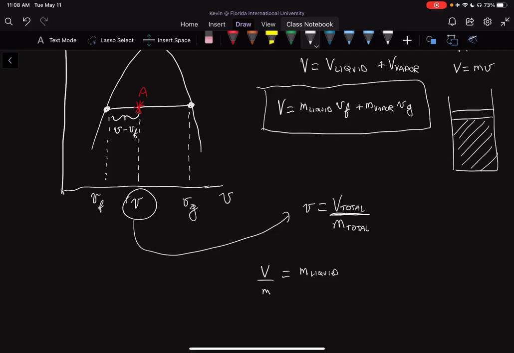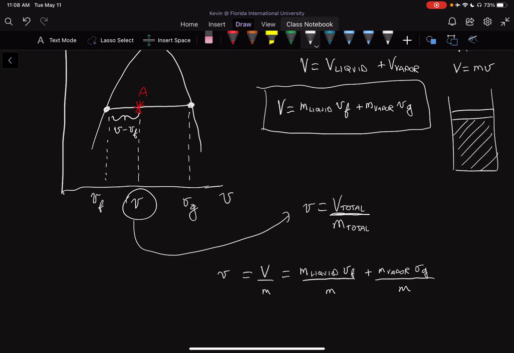So we have V over M is equal to mass liquid times Vf divided by M, plus mass of vapor times Vg also over M. And now we can say that this is also equal to v.